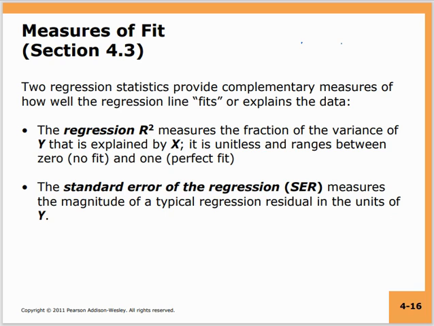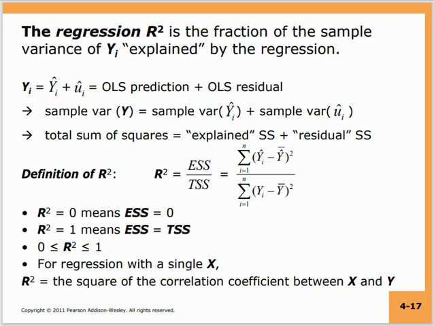So first we will talk about regression R square, which is the fraction of the sample variance of yi explained by the regression. So yi equals yi hat plus ui hat.